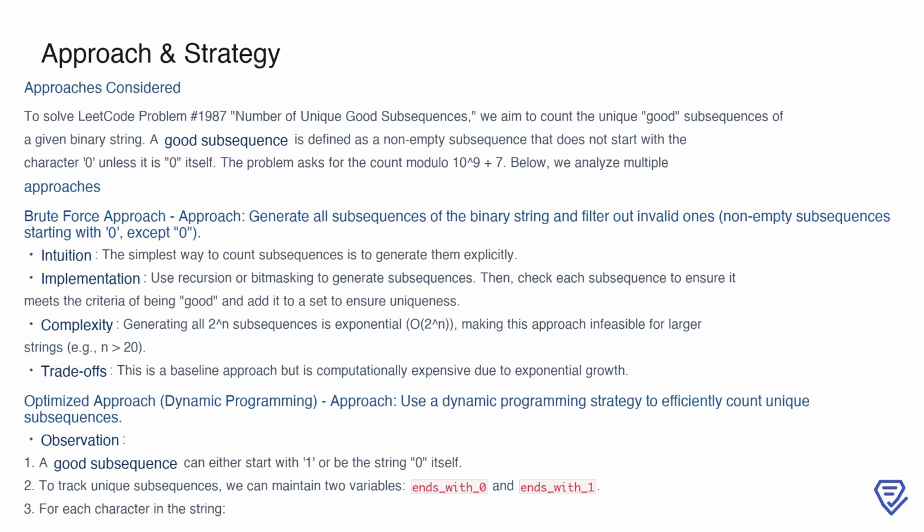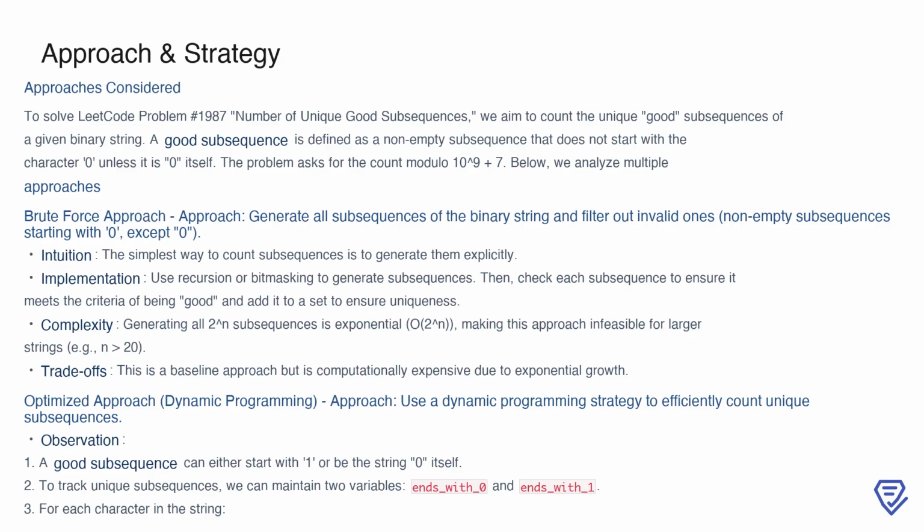To solve the problem of counting unique good subsequences in a binary string, we first need to understand what makes a subsequence good. A good subsequence is non-empty and does not start with 0, unless it is the single character 0 itself. The challenge here is to count these subsequences efficiently, with the result being taken modulo 10 to the power of 9 plus 7.